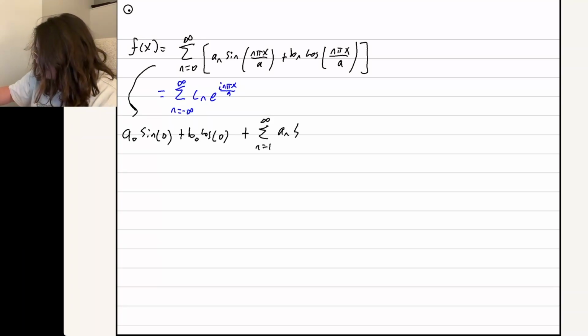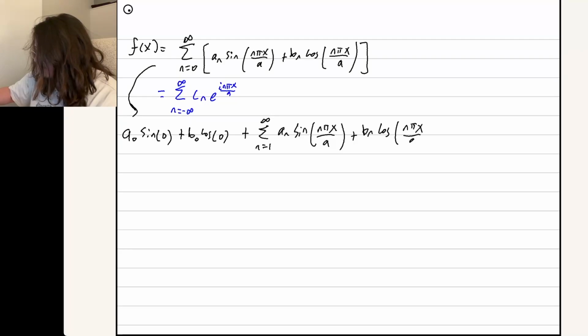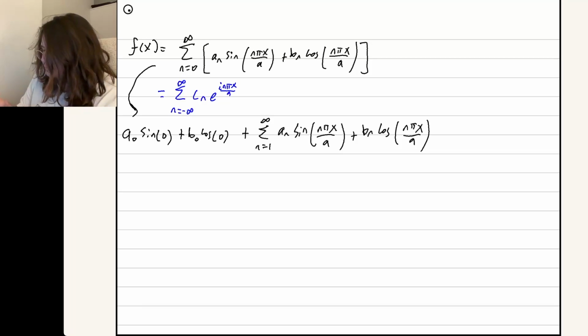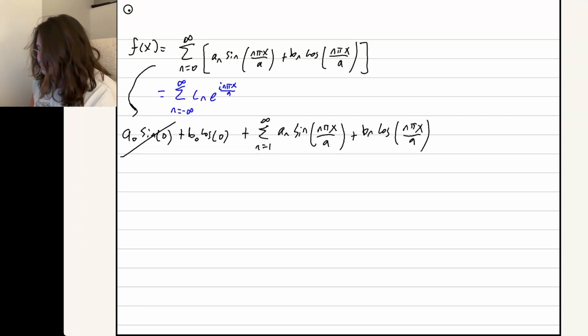There's a sine of n pi x over a and a cosine. And cosine or sine of 0 is just 0, so that goes away, and cosine of 0 is just 1.